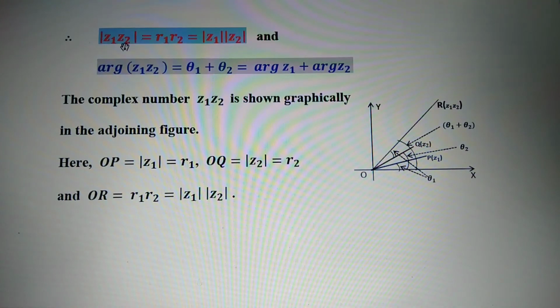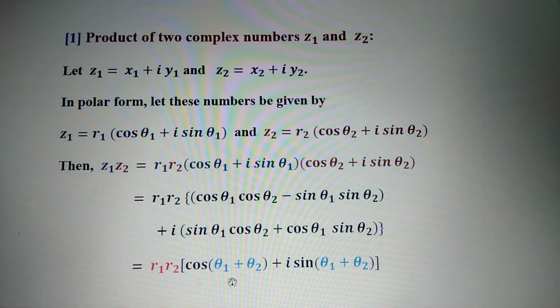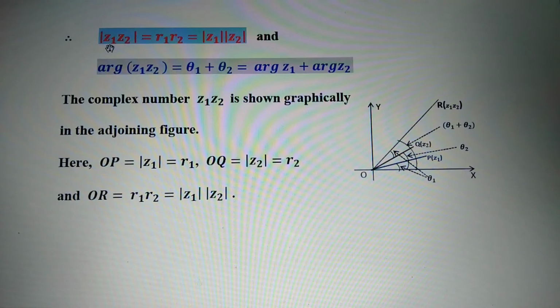So mod of z1 into z2 means modulus of z1 into z2, that is r1 into r2. But r1 is the modulus of z1, and r2 is the modulus of z2. And theta 1 plus theta 2 is the amplitude of z1 into z2.